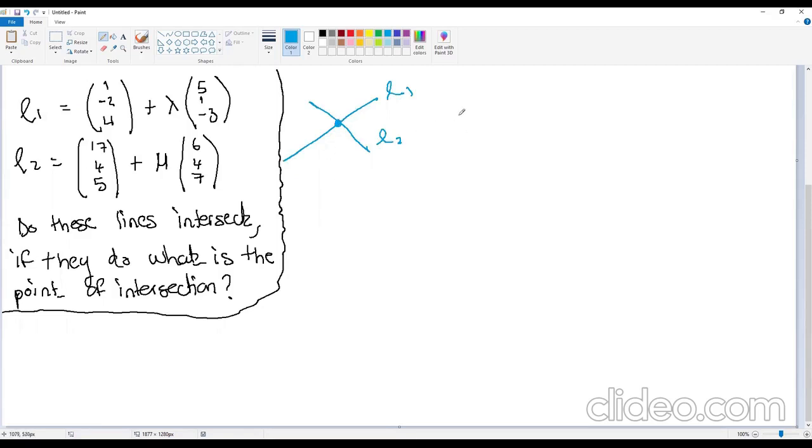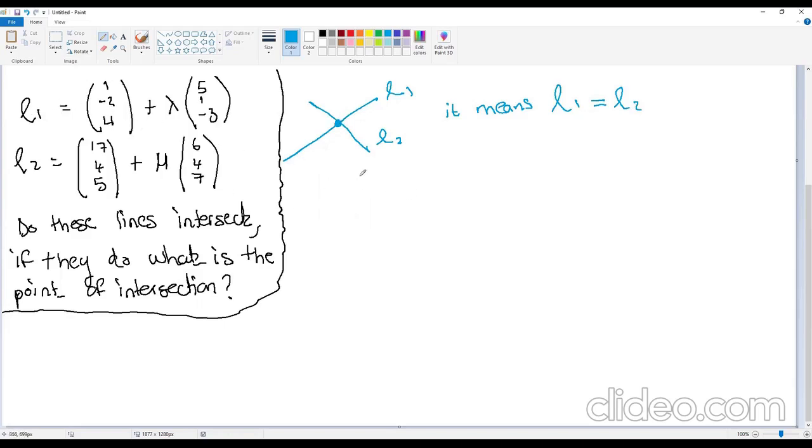In other words, it means L1 is equal to L2, right? So now we can do exactly that.